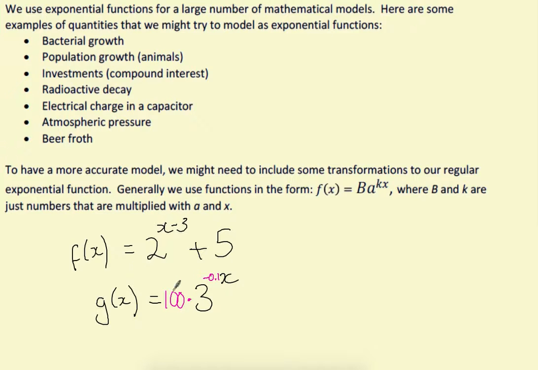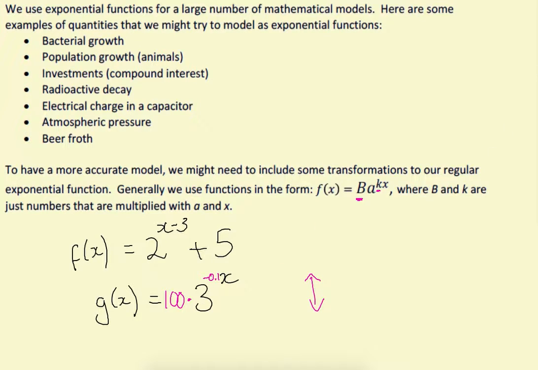Putting in a multiplier here will cause it to stretch vertically. Putting in a multiplier in the power will cause it to stretch horizontally. And this just helps us to really fit an exponential function to the object that we're trying to model. So in general, we might have something that we're multiplying in front of our exponential function or even inside.